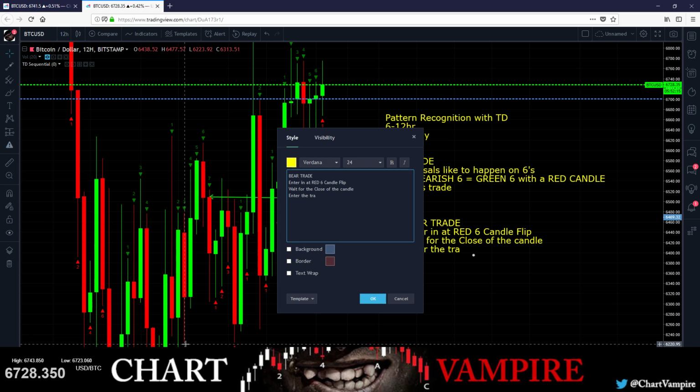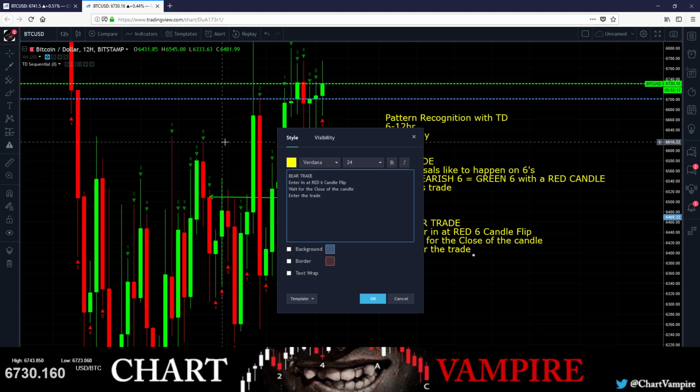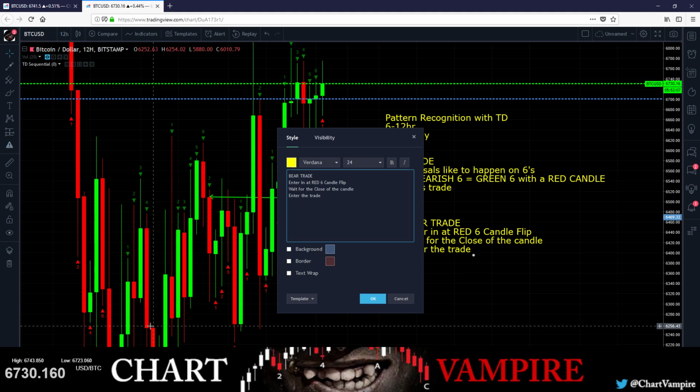Enter the trade with your stop loss. Unfortunately, now you can do the body. If you want to play it safe, you can do the top of the body. Enter the trade on the new candle and then set your stop loss. So two options. You would have one option which would be tight, which would be on top of the body of the red 6 candle, right?